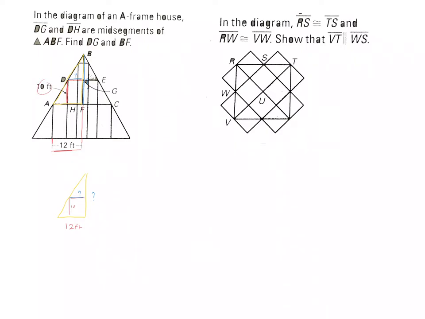So remember, the mid-segment theorem says that this mid-segment is half the length of this one. So if I want to find this length right here, which is DG, it is equal to 1/2 of AF. So it's going to be 1/2 of 12, which is equal to 6 feet.